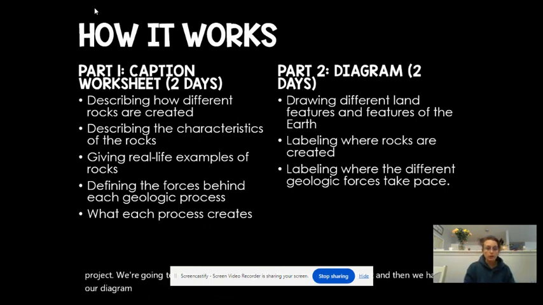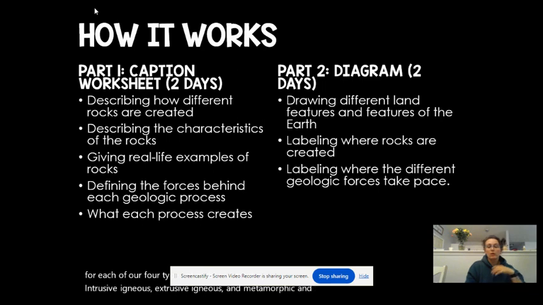So first thing you're going to do is your worksheet because it's more points, it's more important, and you are going to use this worksheet to create paragraphs for each of our types of rocks: sedimentary, igneous, intrusive igneous, extrusive igneous, and metamorphic.